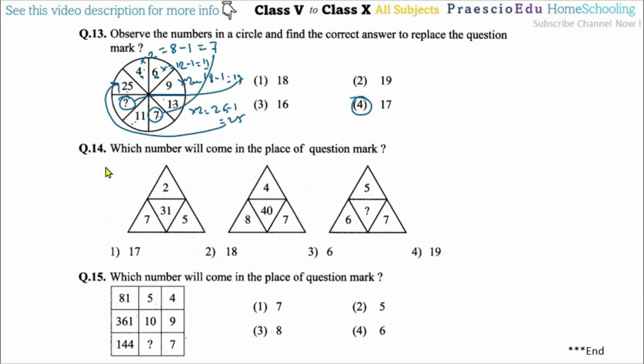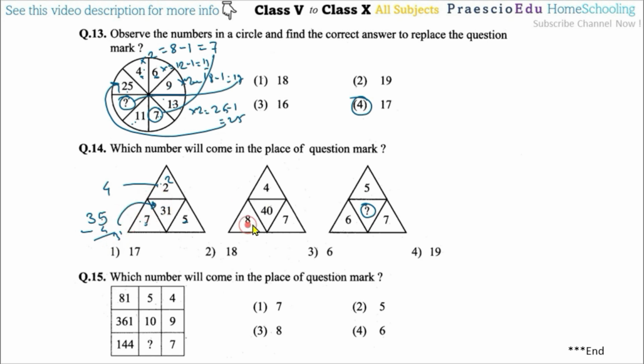Then question number 14. Which number will replace the question mark? The question mark is here. If you multiply these two numbers at the bottom sides of the triangle, 7 multiplied by 5 is 35, and this number squared, 2 squared is 4. So 35 minus 4 gives 31, which is present at the center.